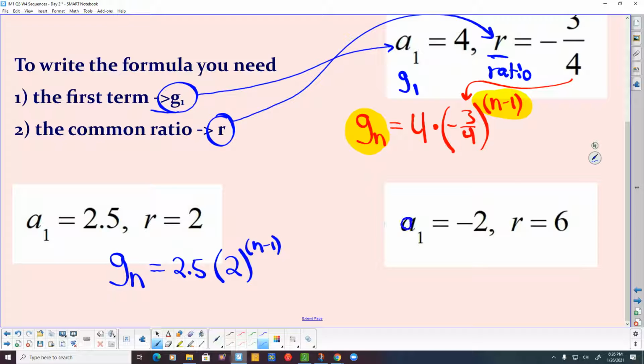Remember, this is supposed to be a G. It says A1, that's fine. Gn equals my G1, which is negative 2, times my ratio to the n minus 1. Okay, that's how you write it.